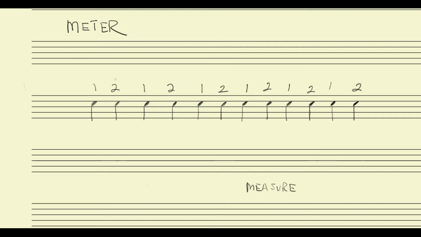So this first group of 1, 2 up here, that's the first measure. The second group of 1, 2, that's the second measure. This third is the third measure, fourth measure, fifth measure, and sixth measure.